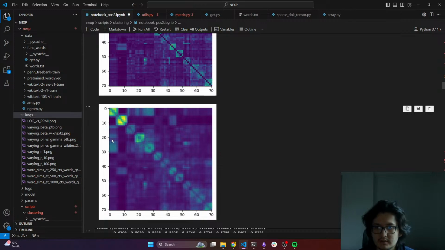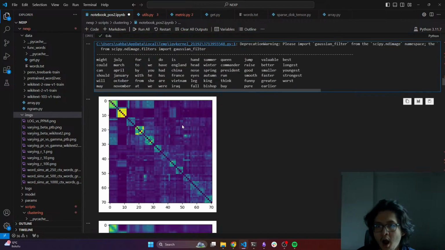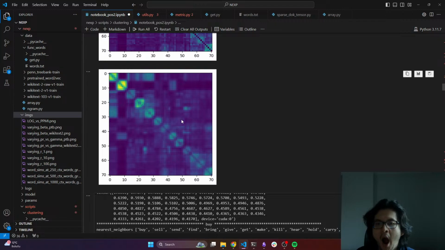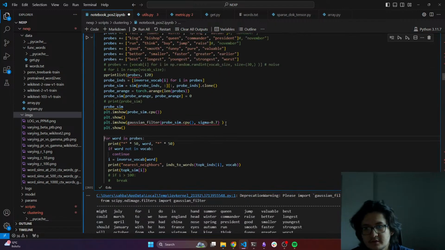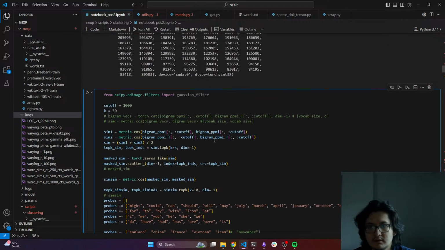This is similar to these, but I guess we don't care about the similarity number. We care more about the number of nearest neighbors. This is not exactly what I'm interested in.